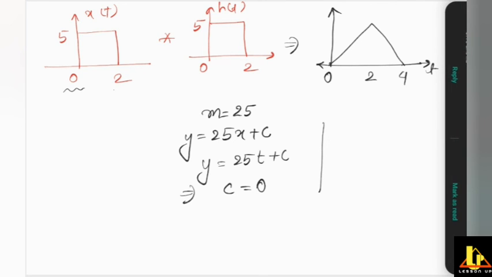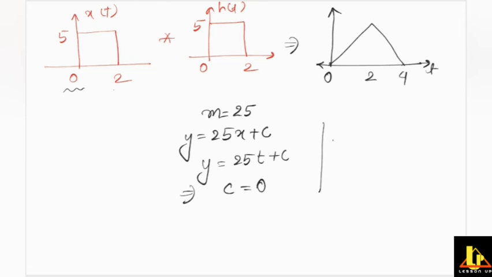Now y is equal to 25t. At t is equal to 2, what is the amplitude? Y will be equal to 25 into 2, that is 50. So at this point we will get amplitude 50. So this is y of t.